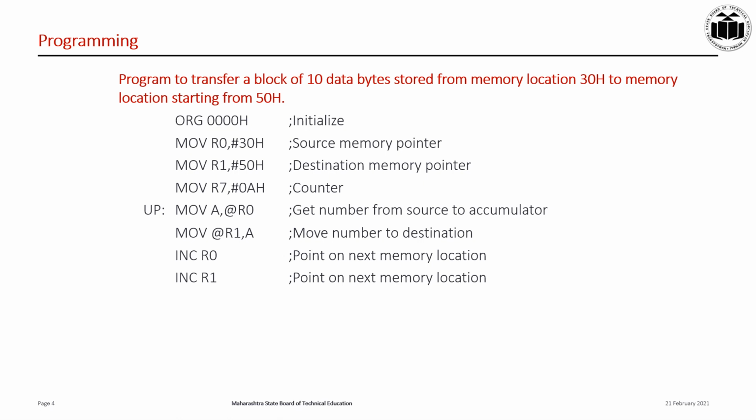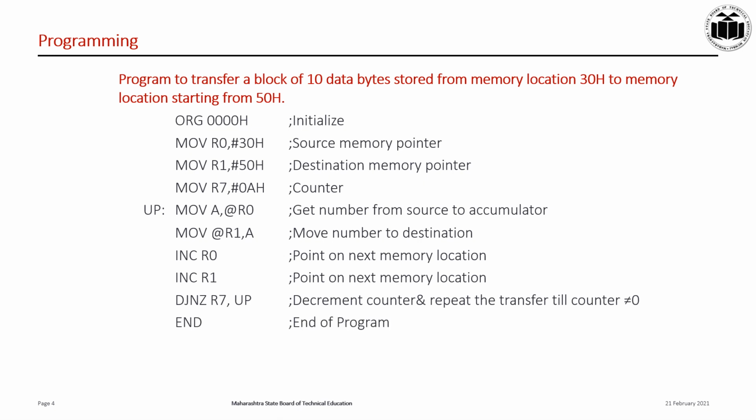After incrementing the source and destination pointers, we decrement the counter by 1 by using the instruction DJNZ. After the decrement, we will check for the 0 value. If the counter is 0, then we will get out of the loop. And if the counter is not equal to 0, then it will jump to the upper label for further transfer of data.